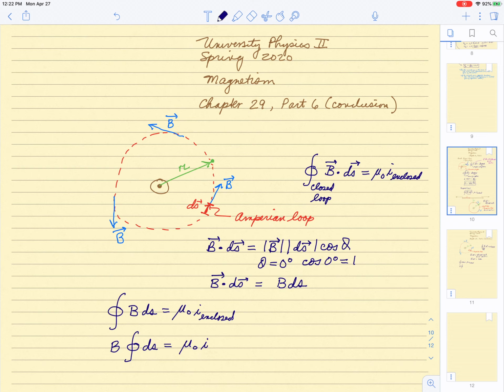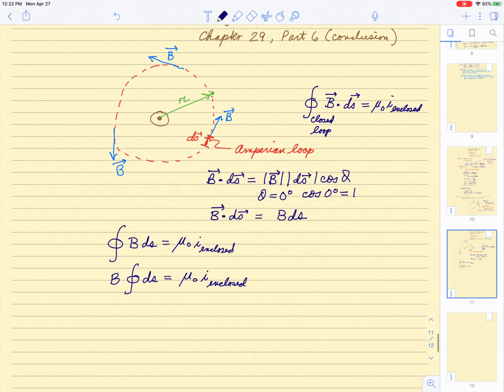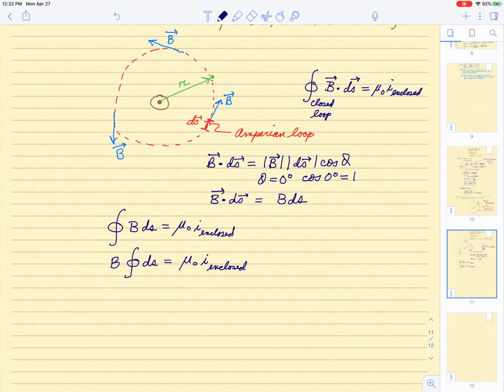This is just the sum of all of the ds's around that closed loop, which is nothing more than the circumference.